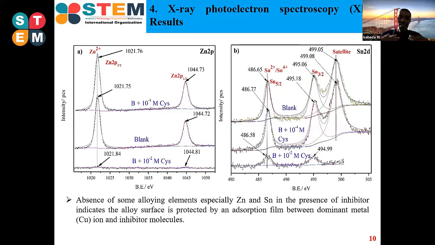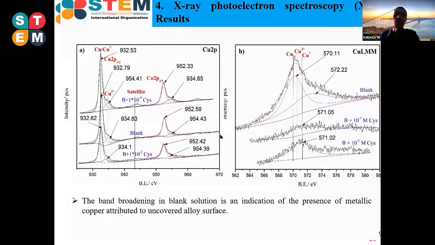This means that the alloy is bounded by the copper cysteine film. In the upper surface, there is copper and cysteine. Other constituent metals are bounded by the copper, because we have seen that there is copper in every sample.